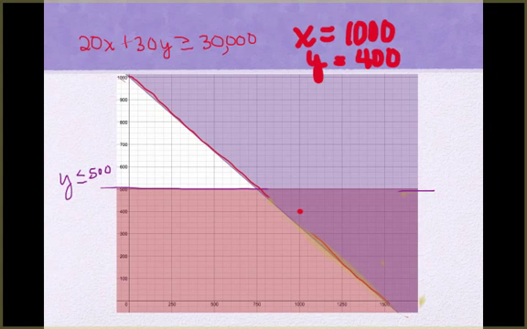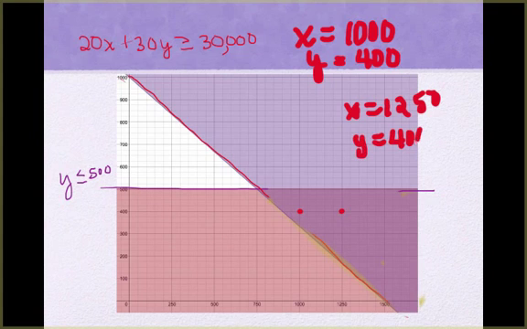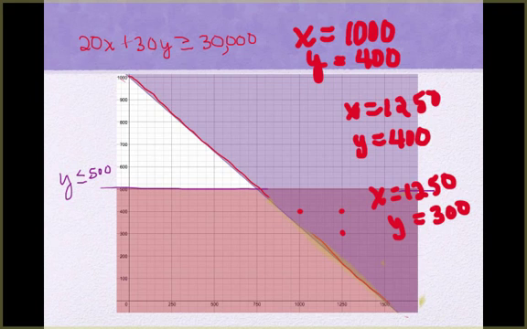We also have another solution here: let X be 1,250 and let Y be 400. Or we could have a solution here where X would be 1,250 and Y could be 300. So we have multiple solutions, and any of those would solve that inequality and make us at least $30,000.